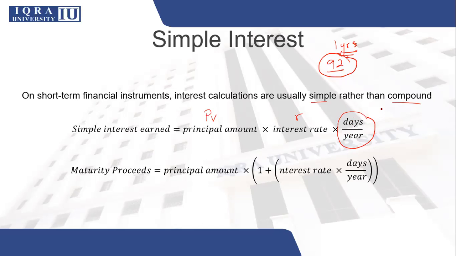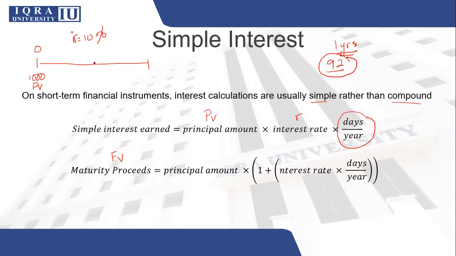Then another formula is the maturity proceeds. Maturity proceeds is basically your future value. Remember, in time value of money you studied that you invest something at time 0, which is your present value. So I might invest 1,000 rupees right now, and I get an interest rate R, for example 10%.